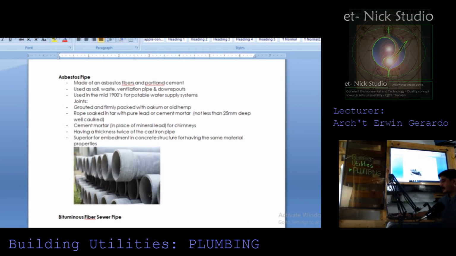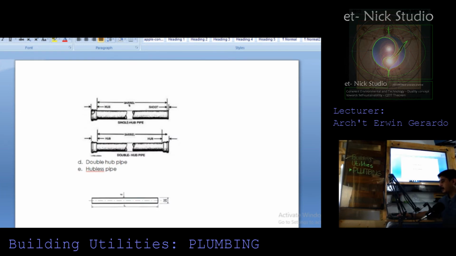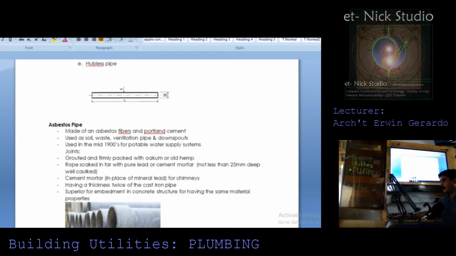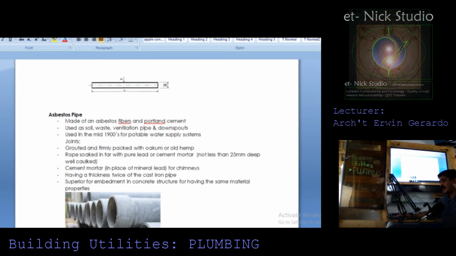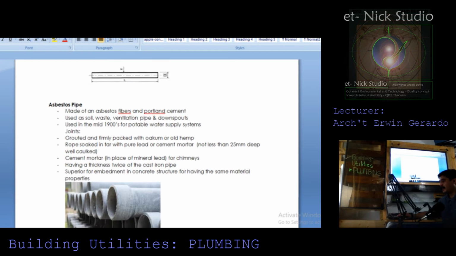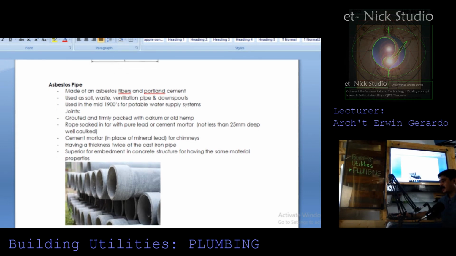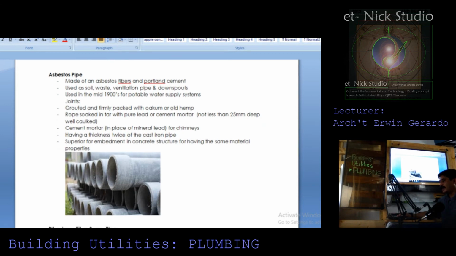Asbestos pipe is made of asbestos fibers and Portland cement, used as soil, waste, ventilation pipe, and downspout, and used in the mid 1900s for potable water supply system.